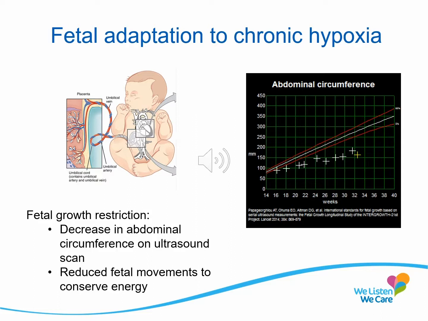Fetus also conserves energy by reduced fetal movements. This is what we see on growth charts on ultrasound scan. The brain blood flow increases and there may be reduced liquor volume as fetal renal perfusion reduces.